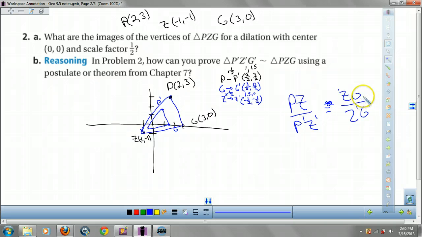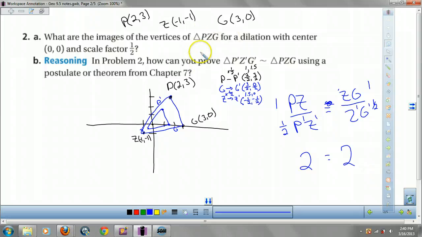And the reason why you can say that is, well, each one's going to be half the other one. PZ over P prime Z prime, it's going to be 2, right? That's half the size of that one, right? 1 divided by half is 2. And that equals, well, it's 1 divided by half. 1 divided by half is 2. Okay.